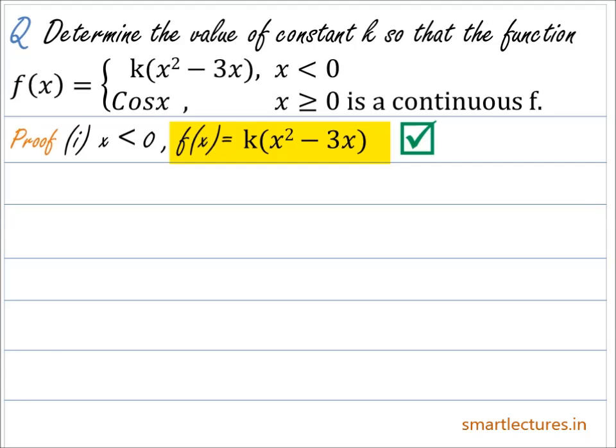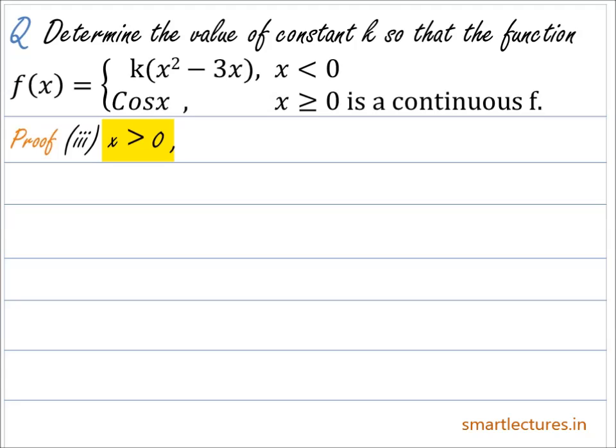And now let's check whether f of x is continuous for x greater than 0. Now if x is greater than 0, then in that case f of x is equal to cos of x. And you have already learned in the previous episodes that the cosine function is a continuous function in its domain.